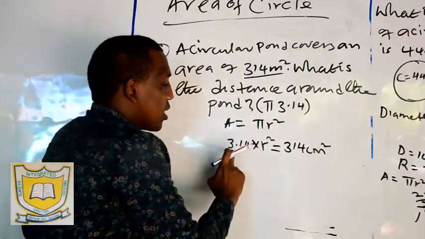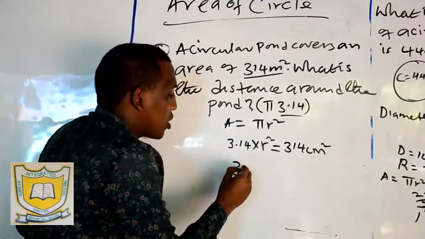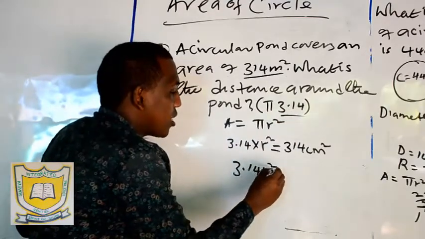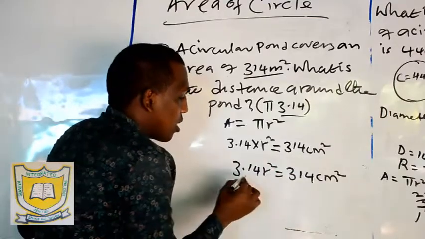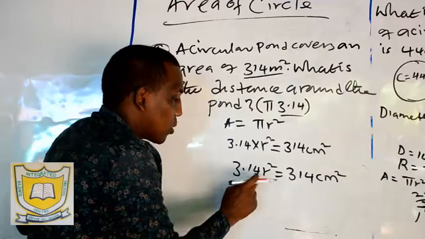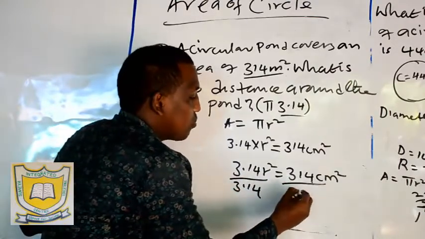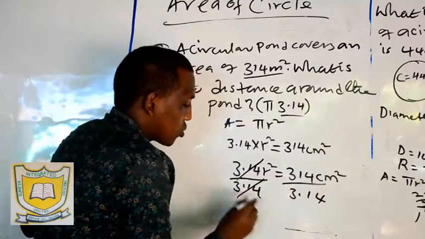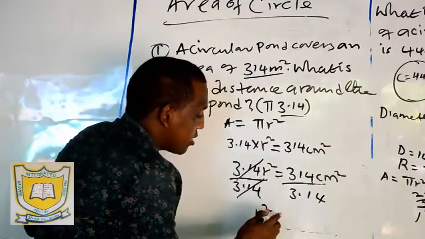So 3.14 r squared is equal to the total area 314 centimeter squared. I want to get the radius, so what I will do, 3.14 over 3.14 cancel. r squared is remaining.